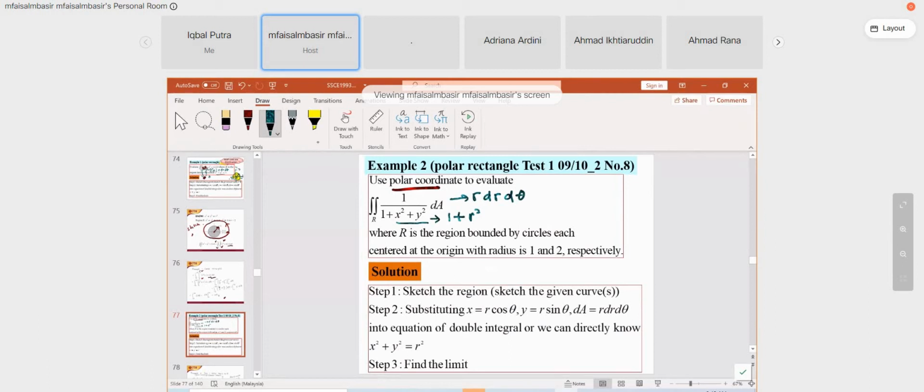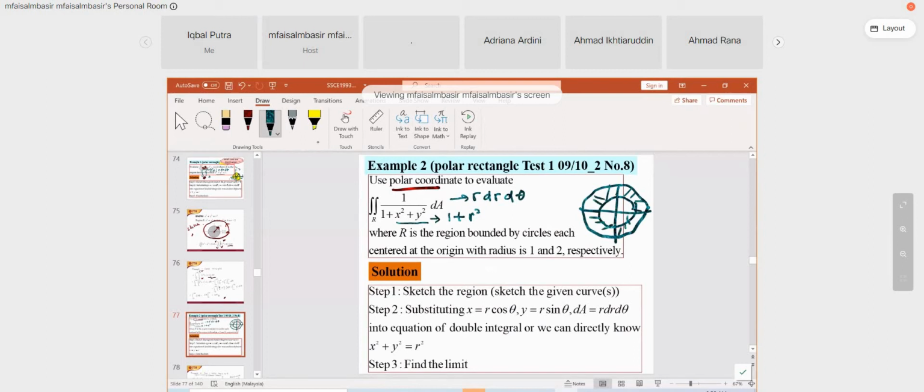Bounded means that if you have a circle, this one, bounded means this here. So this is the region.